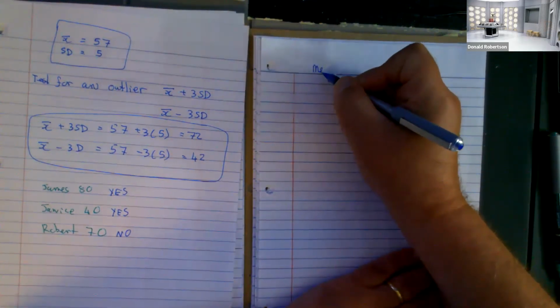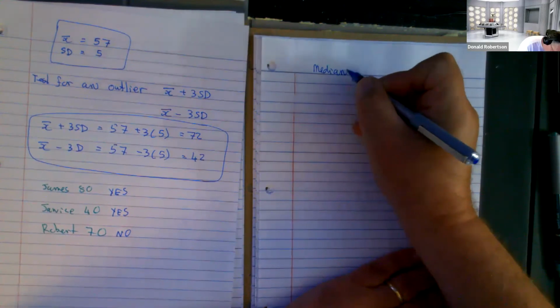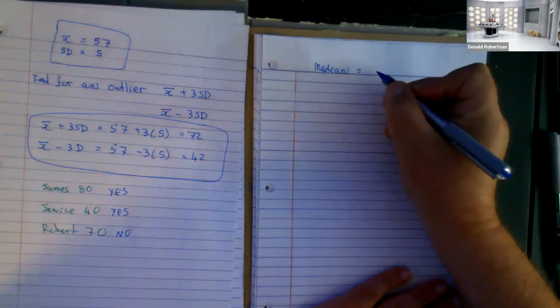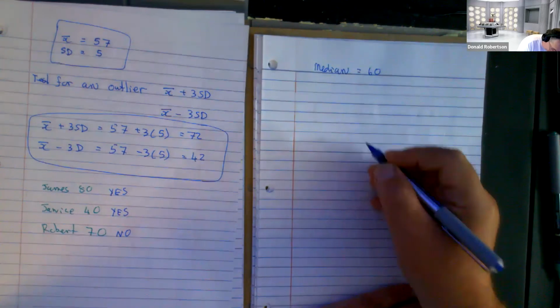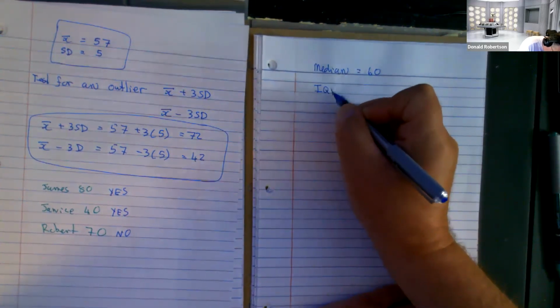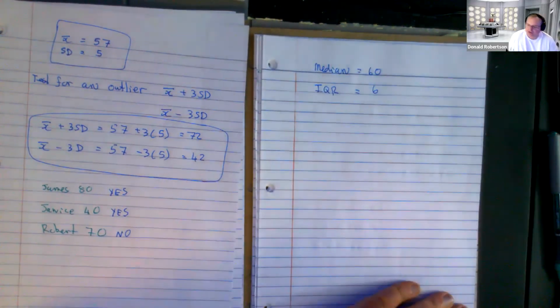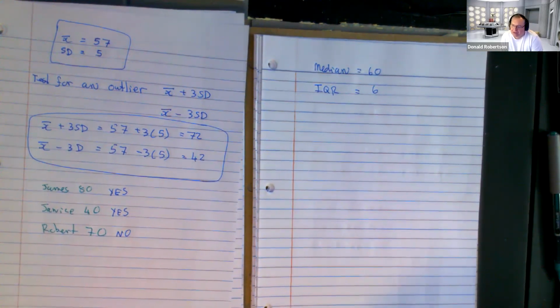Now, suppose I tell you that the median, the middle height, was 60, and that the interquartile range was 6 inches. So we measured the heights of various players in our team, and the median height was 60 inches and the interquartile range was 6, because these are small people, junior high or whatever. They're not big adults, right?